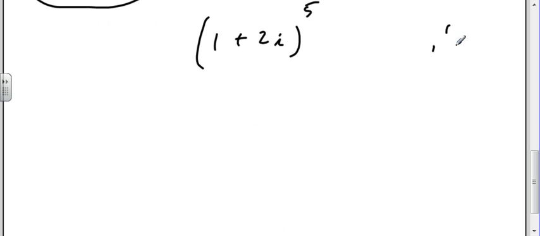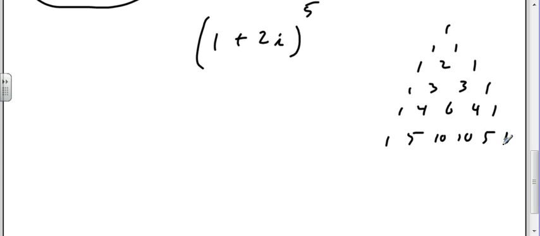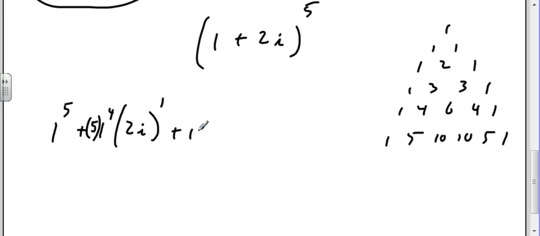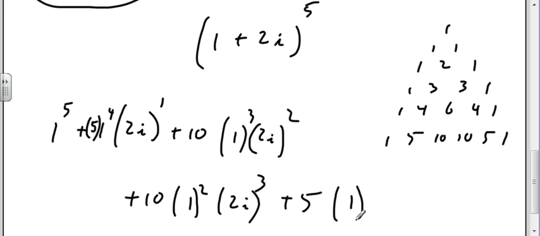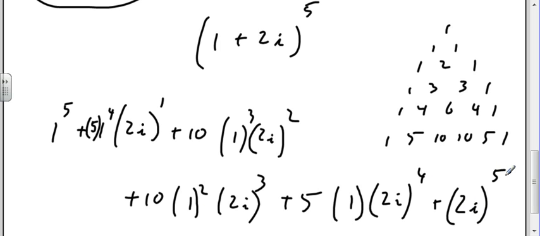I'd end up having to come up with Pascal's triangle down to the 5th row, and then I'd have 1 to the 5th plus 5 times 1 to the 4th, 2i to the 1st, plus 10 times 1 cubed, 2i squared, plus 10 times 1 squared, 2i cubed, plus 5 times 1 times 2i to the 4th, plus 2i to the 5th. So I could do it, but that would not be something that I'd want to do, because there's easier ways to do it.